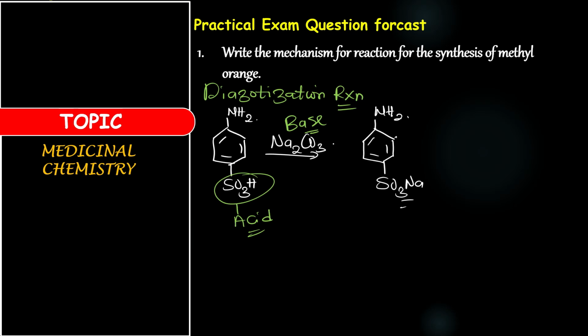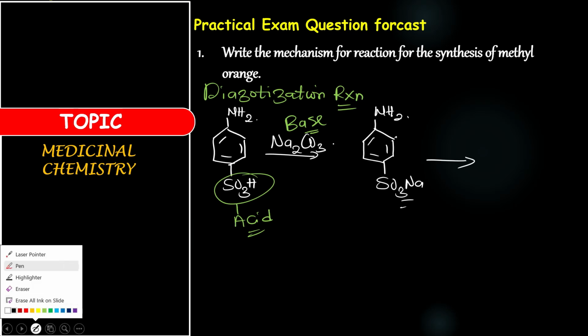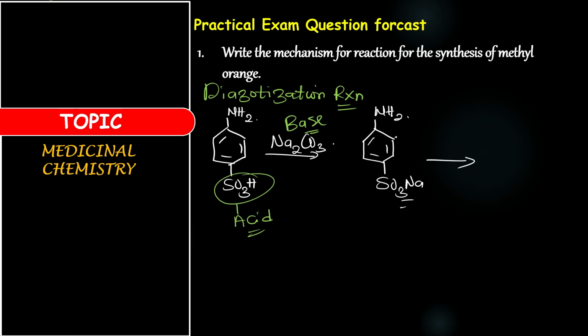Now, when this reagent is treated with sodium nitrite and HCl, it is going to convert this to something like this. You are going to have something like this. Sorry for the way I drew it.